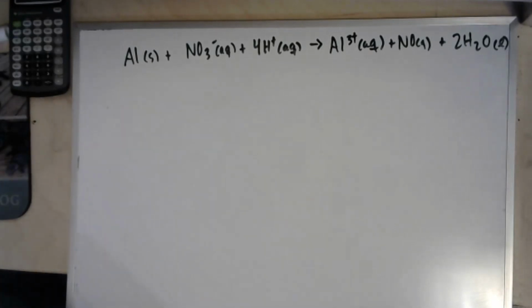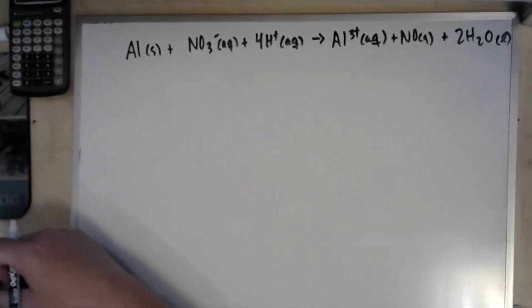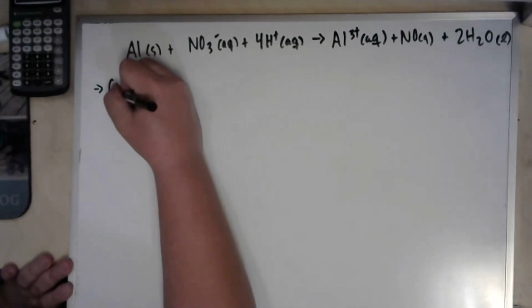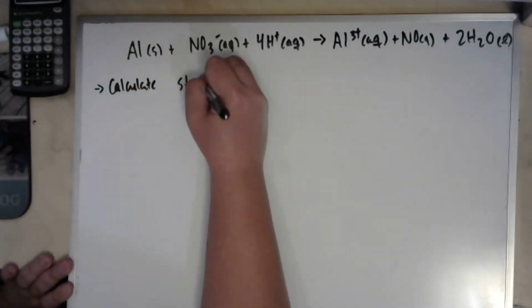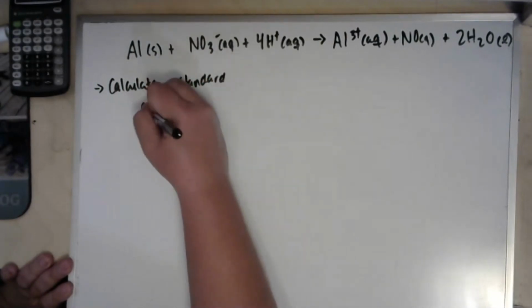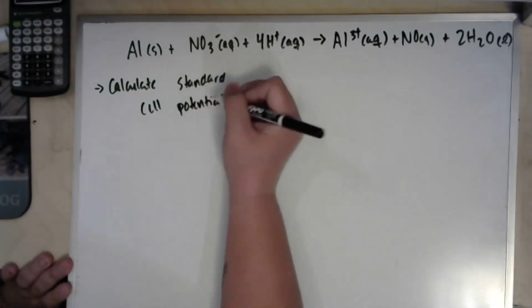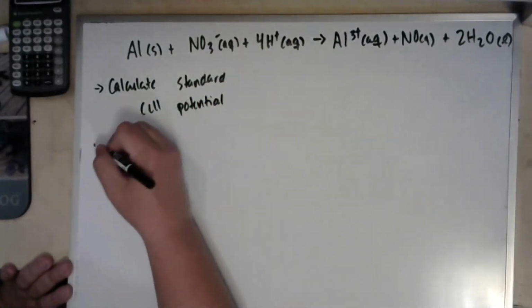And the first step here, when you're trying to answer this question, which again, we're calculating the standard cell potential, before we can do this, we have to figure out what is being oxidized and what is being reduced.